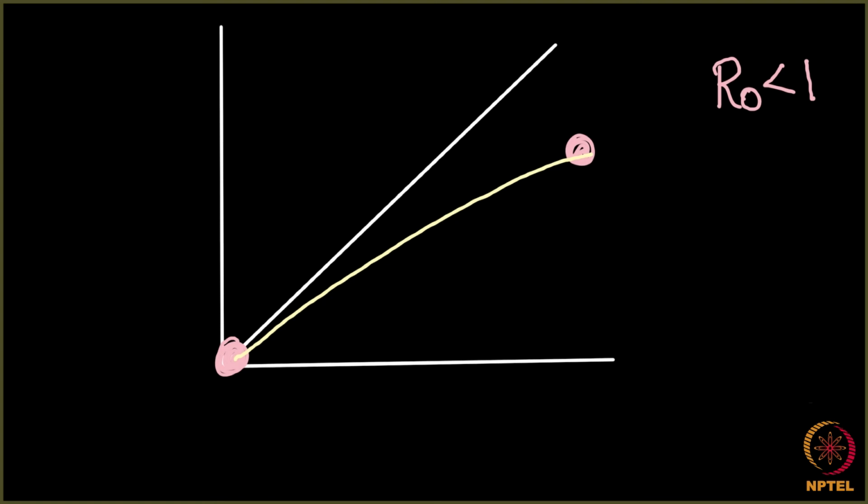Now I can repeat the same procedure. This point here is 1, 1. I drop down here and get 1, f of 1. Then I go horizontally and get f of 1, f of 1.